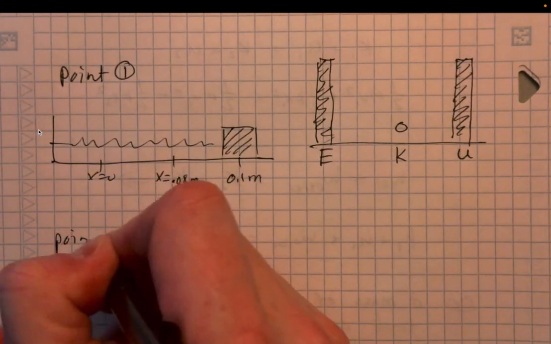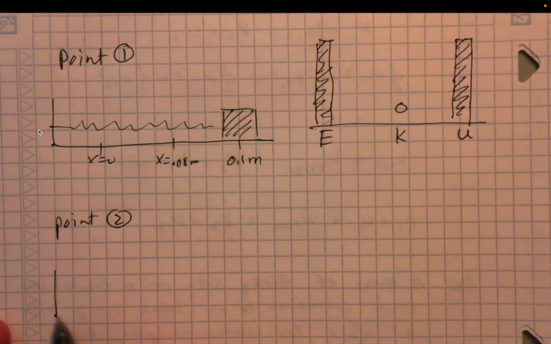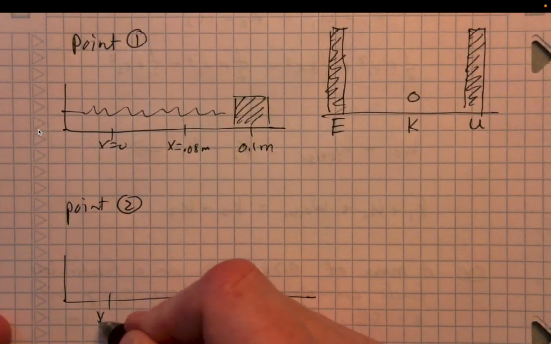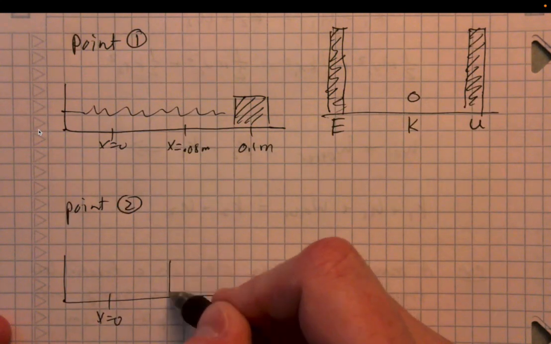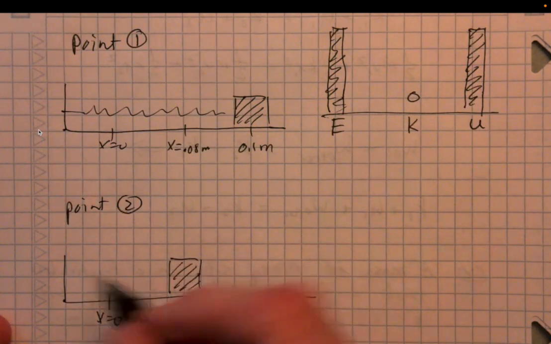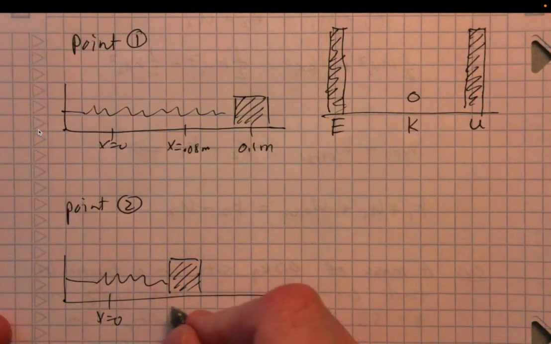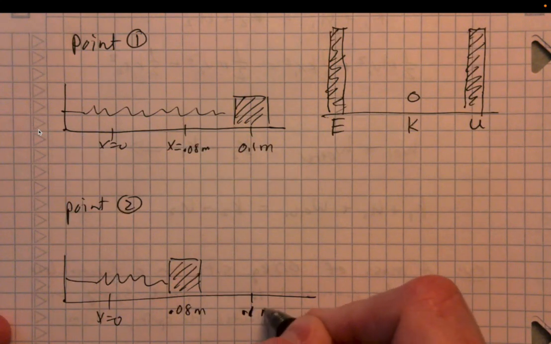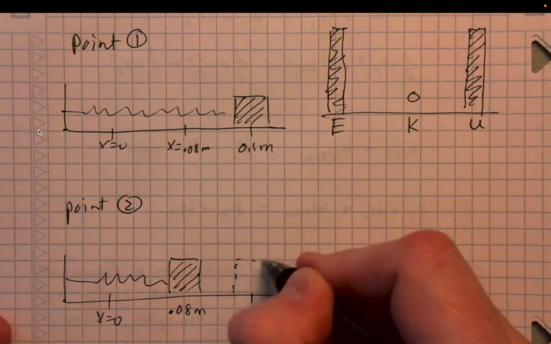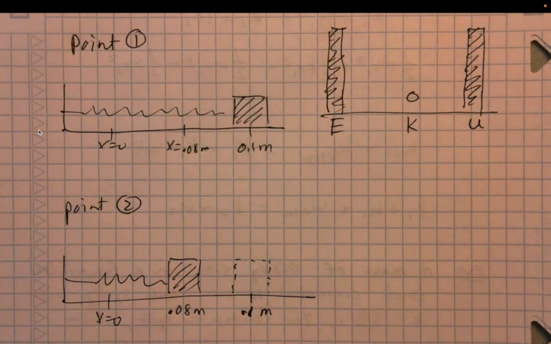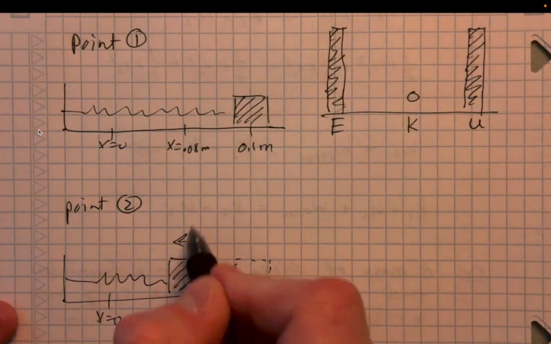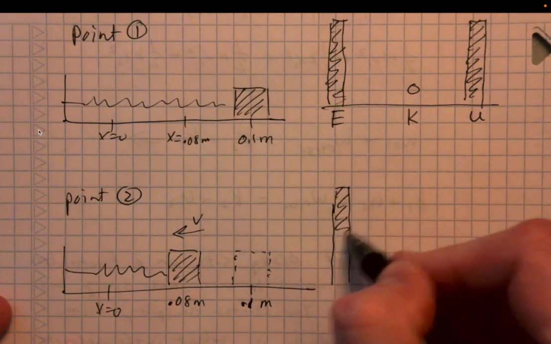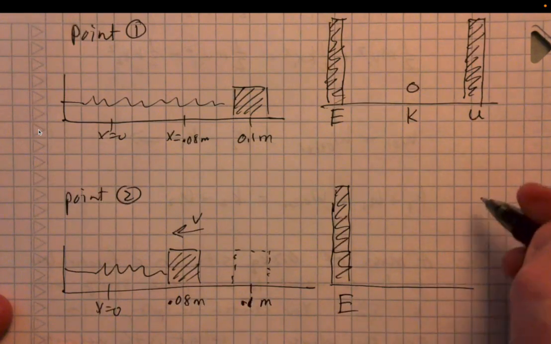So then at point 2, drawing these things out really helps you visualize what's going on. x equals 0 is here, and now the block has moved over to this position, 0.08 meters. It was over here just a second ago, and now it's gone. At point 2, it's begun to move, so now it's got some velocity. The energy in the system is the same as before, it hasn't changed, but now the potential energy is less.